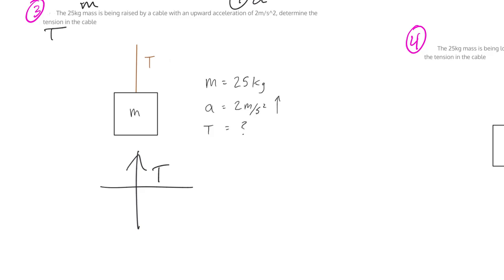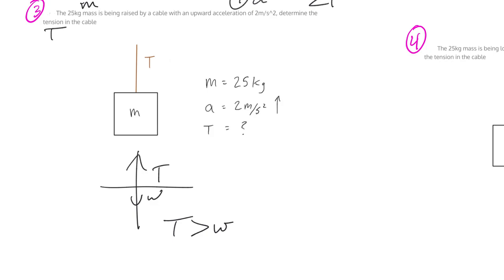Now, since it's an upward acceleration, that means the net force is also upward, because net force has the same direction as the acceleration that it causes. So I'm going to make tension bigger than the weight, because that's how it is. The net force is positive, so the bigger force of the two must be positive.